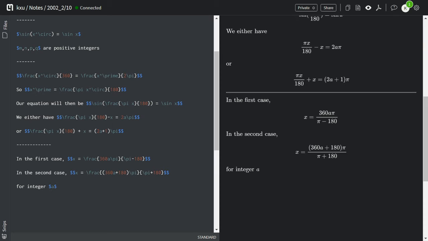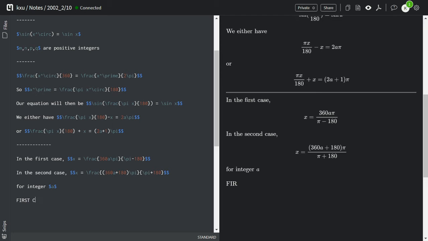And a equals -2 will give the next smallest, and so on. And for the second case, the denominator is positive, so if a is like -1, then the numerator will be negative. So we can start at a equals 0, and then a equals 1 will be the next biggest one.